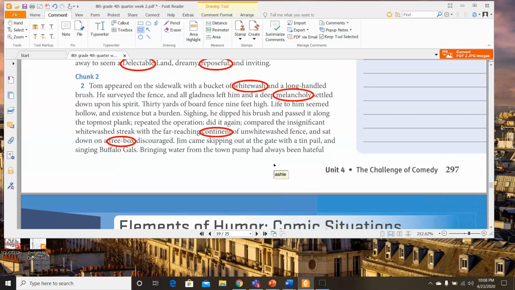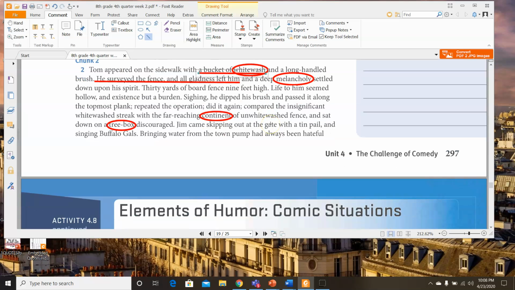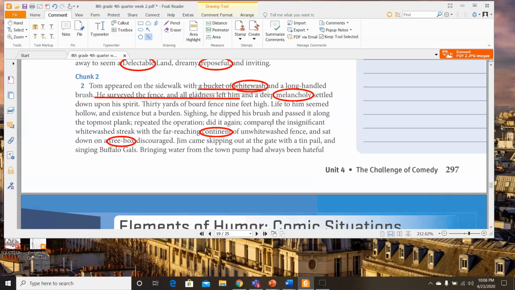So now I'm going to go and find the different actions that are happening that are contributing to my plot. So he's looking at the fence and getting sad. He's got a bucket of whitewash, so I know that he's getting ready to whitewash the fence, which is kind of like painting the fence. So he's dipping his brush and passing it along the plank.